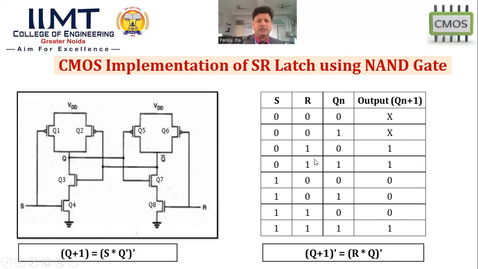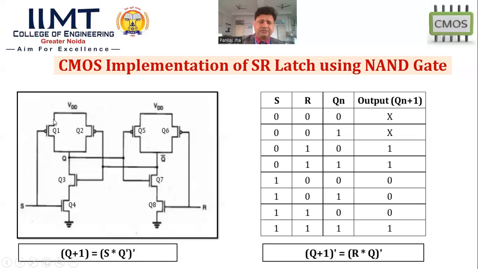Okay. For another example, we can track with some other values. Suppose S is 0 and R is 1, and Qn is 0. We are assuming our previous output is 0. In that case, what will happen? S is 0, so this will be in cutoff mode. And Q bar: if Q is 0, then Q bar will be 1, so this will be in saturation. This will become a short circuit condition, and transistor Q1 is also in short circuit condition.